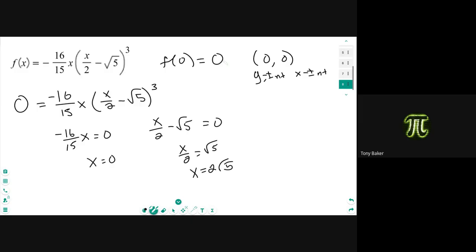Are there any domain restrictions in this problem? Are there any values that won't work? Because that'll give me my vertical asymptotes or holes, right? What are the domain restrictions? We can't divide by 0.